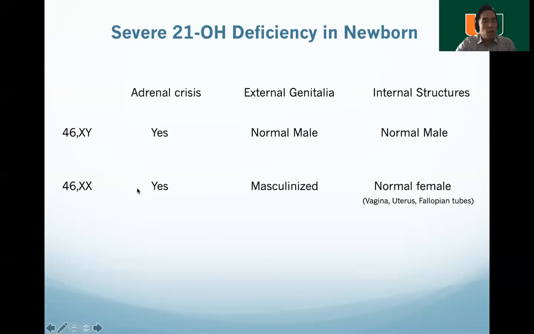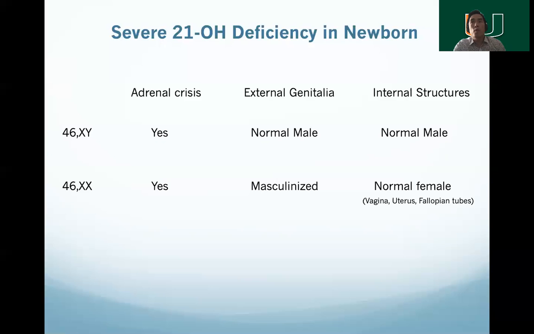What about 46XX, right? They also have severe deficiency of cortisol and aldosterone, so they present with adrenal crisis. External genitalia is masculinized because they're exposed to androgen. How about the internal duct structure? It looks female, right? Because they don't have AMH.